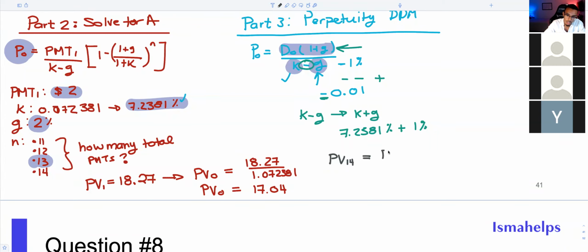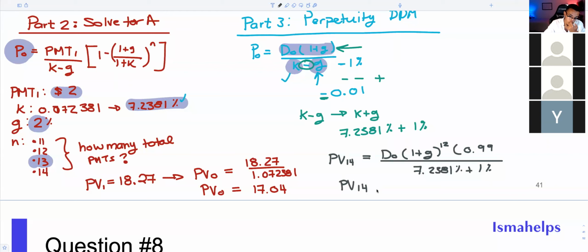That's going to be, as I said, D0 times (1 plus g) to the power of 12 times 0.99 over 7.2381% plus 1%. Can somebody tell me what's our present value at year 14? If you plug all that good stuff in.